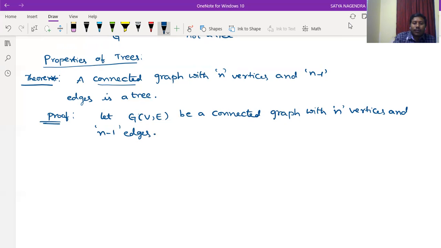So what we have to show now, you are taking any connected graph, so we have to show that there doesn't exist any cycle in this graph.